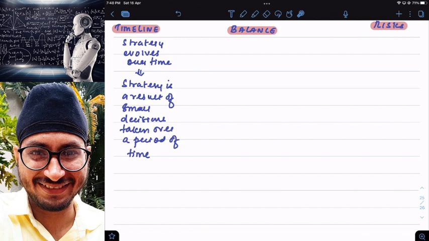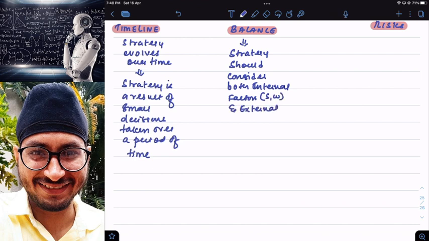Issue number two, balance. Clear? A strategy should consider both internal factors, that is strengths and weaknesses, and external factors, which are nothing but opportunities and threats.